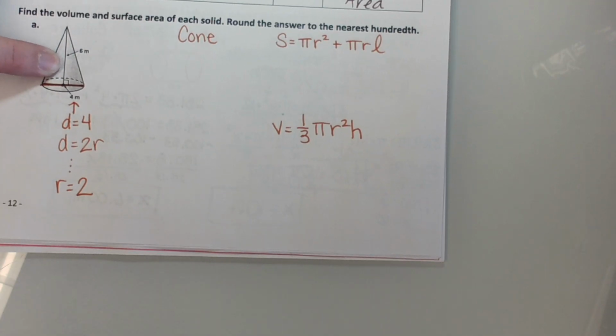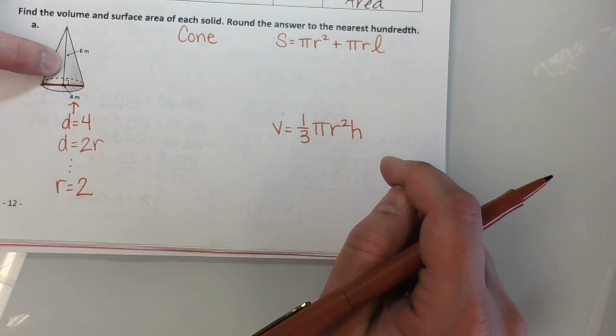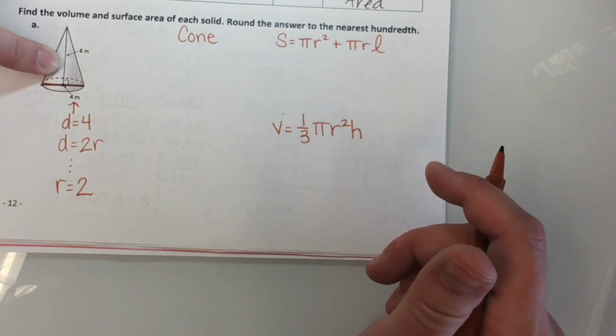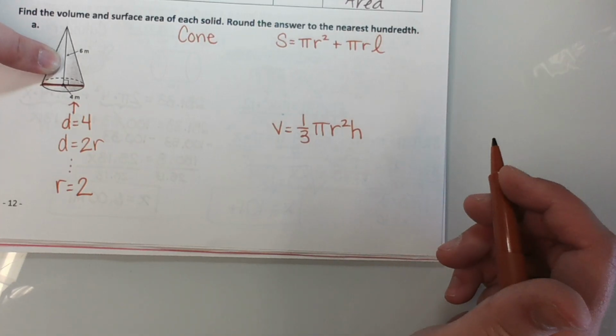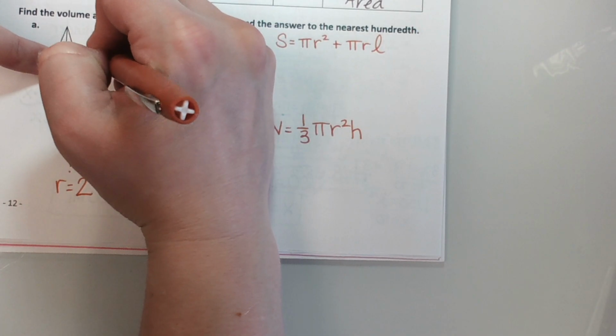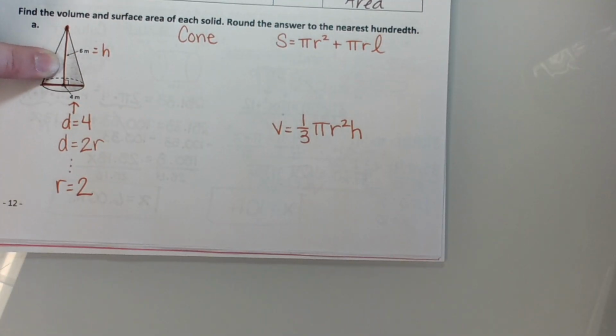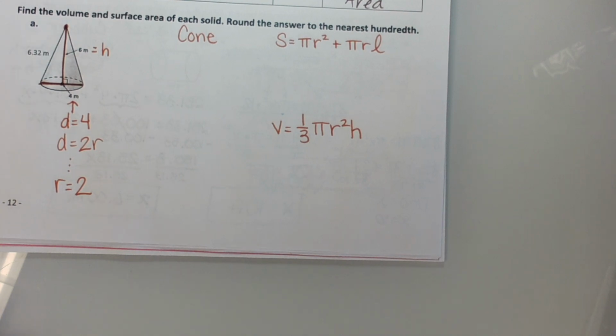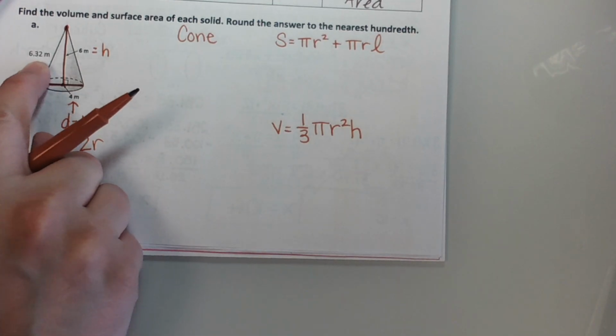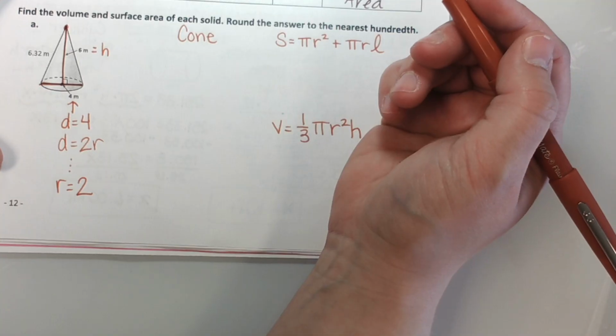What is the 6 pointing at? True height. The true height. What letter is true height? H, because it is going from vertex down to the middle of the cone. Now, I say down, but is it always going to go up and down? No. I can lay cones on their side, which means the 6.32 that's over here is pointing to what?